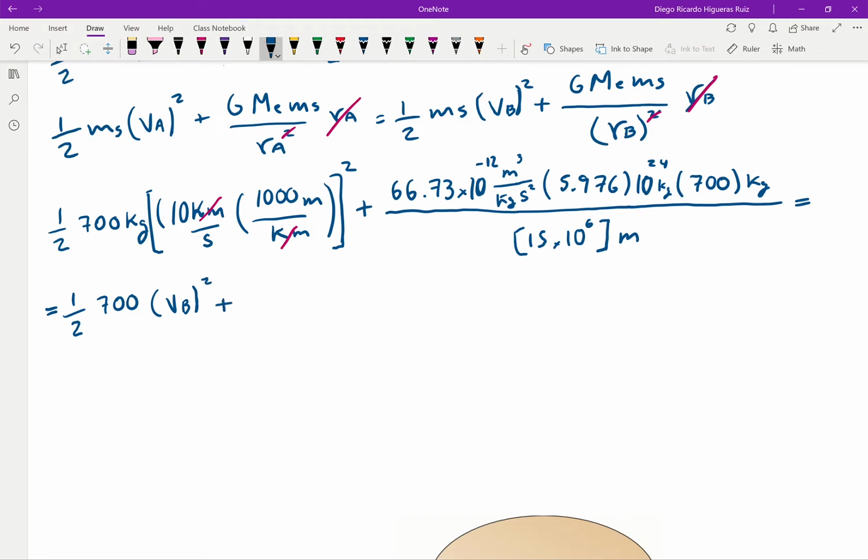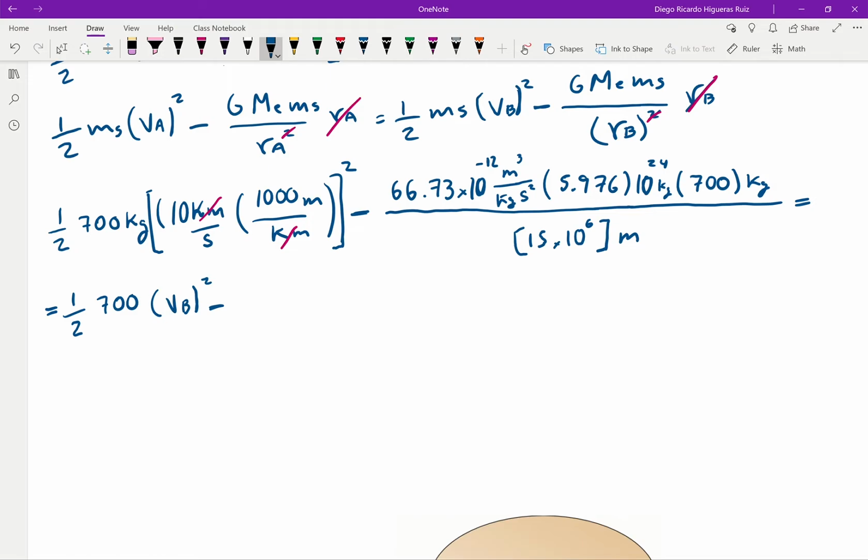Plus, actually it's going to be minus, and this term here is also minus. So yes, the gravitational energy is going to be negative all the way through the problem. Sorry about that.